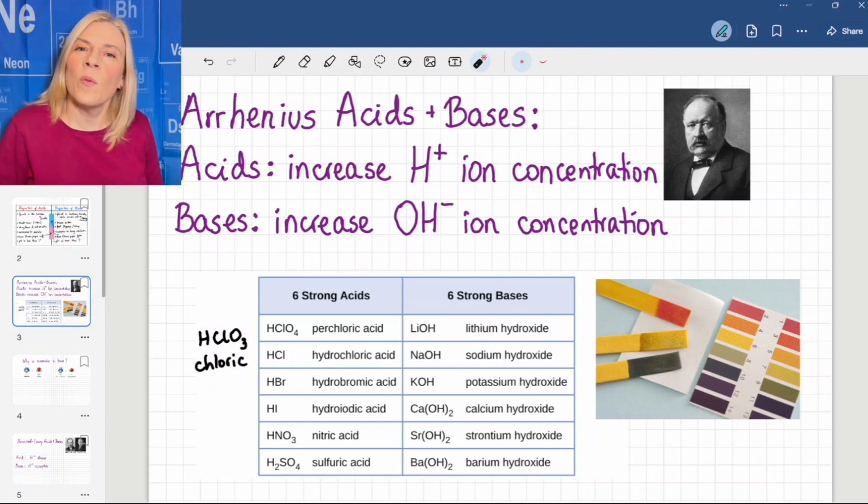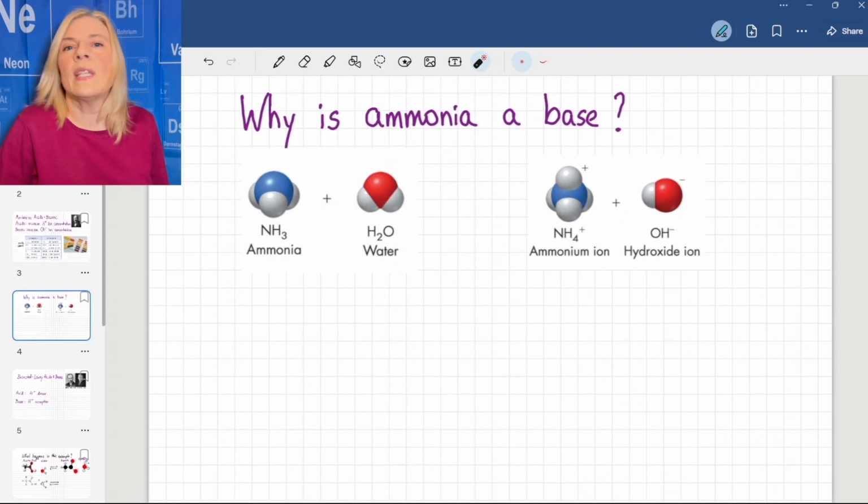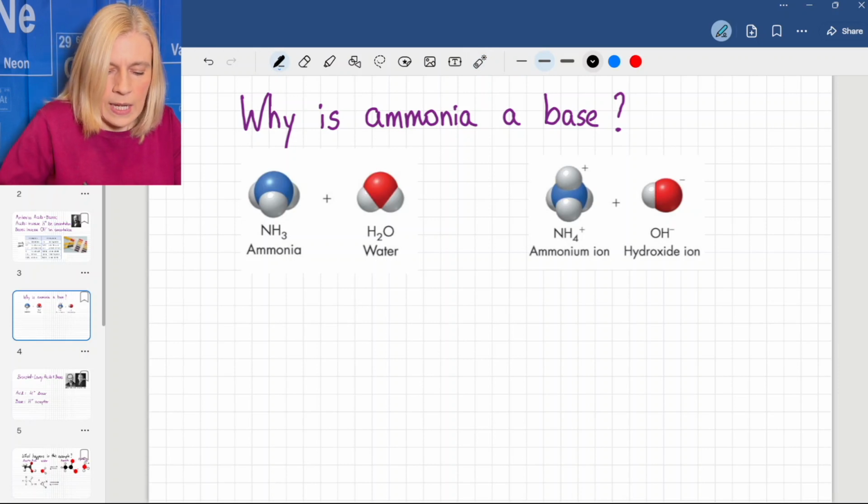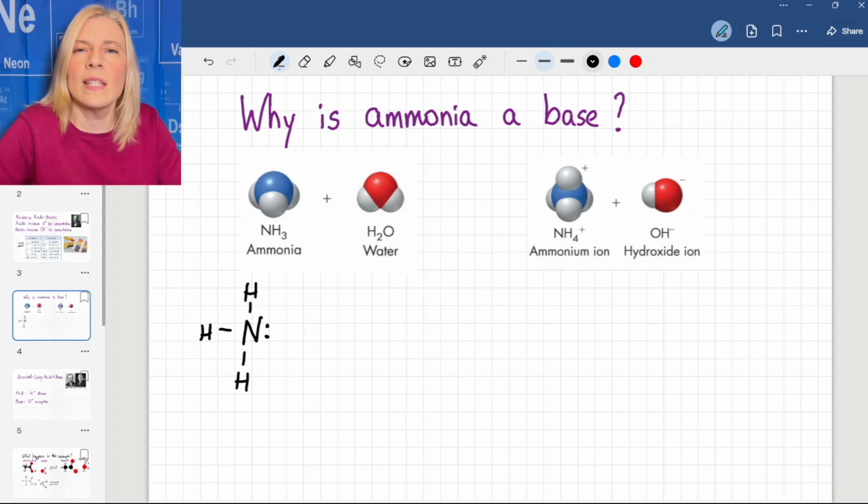Okay, are we ready? So then, why is ammonia a base? Let's have a look here. Ammonia is NH3, and let's draw a quick Lewis dot structure of ammonia. We can see nitrogen with 3 hydrogens. And notice ammonia doesn't have OH in it, right?